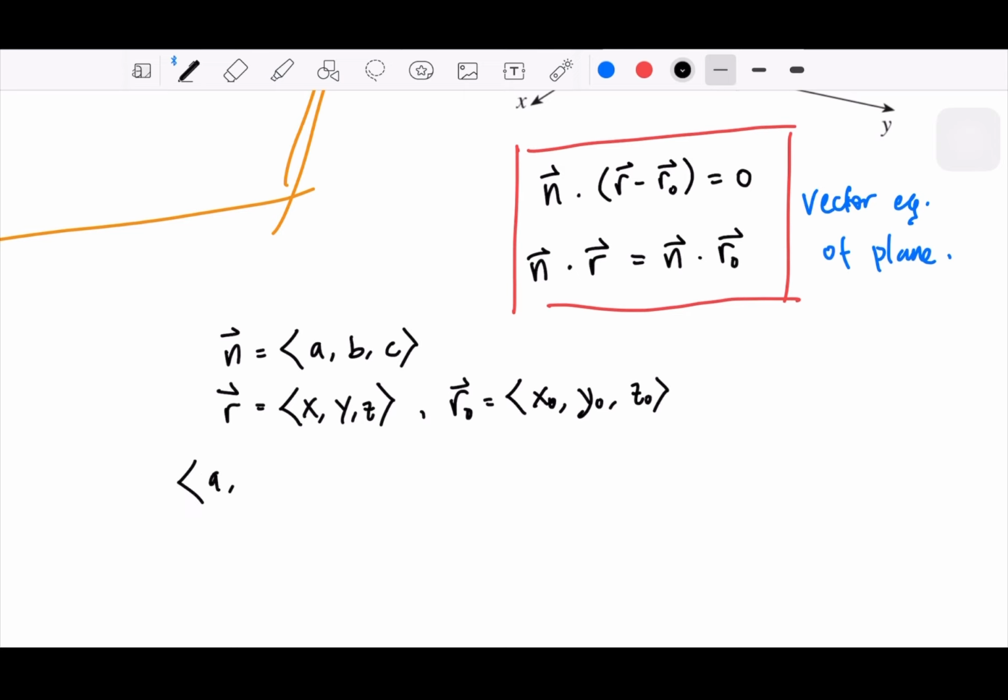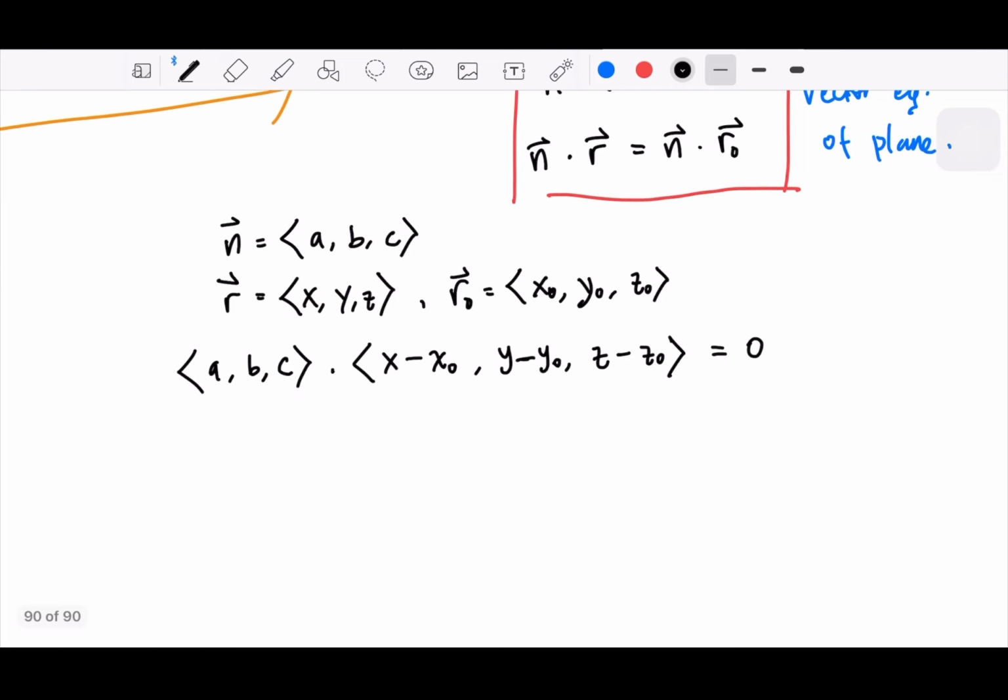Then we can set up our dot product, and this will be equal to 0. If we multiply using the dot product, then we will have A(x minus x0) plus B(y minus y0) plus C(z minus z0) is equal to 0.